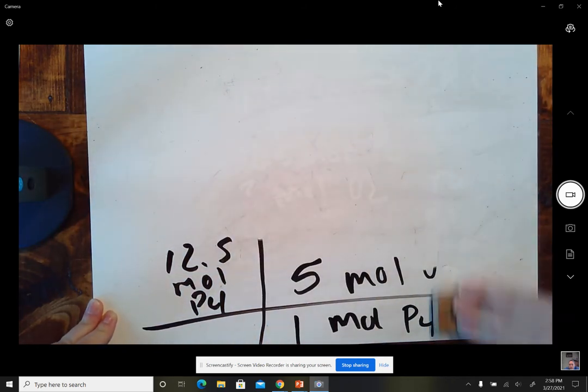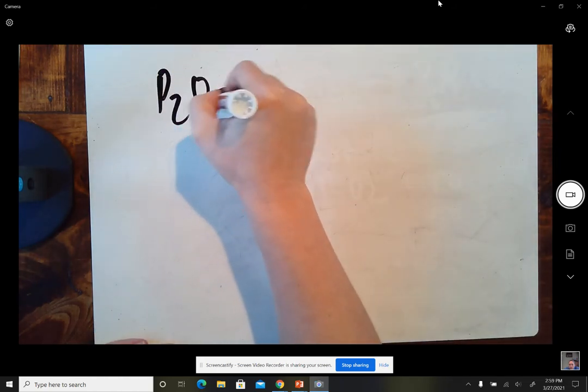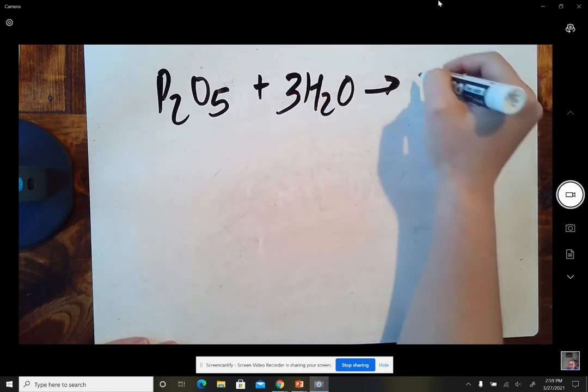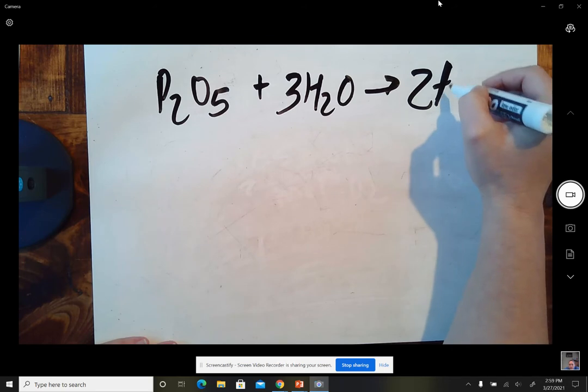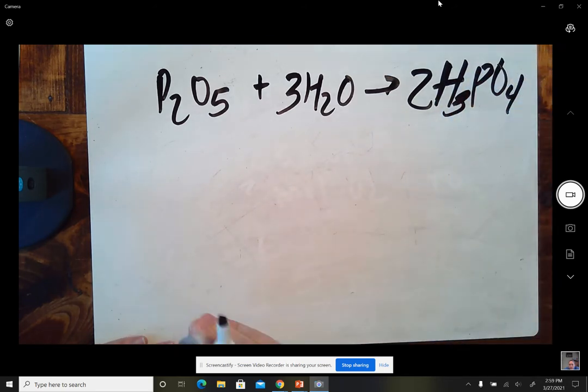This is also going to allow me to do mole to mass. So we'll do one more mole to mole. So I have P2O5 plus 3 water yields 2 phosphoric acids. All right, so there's my balanced chemical equation.